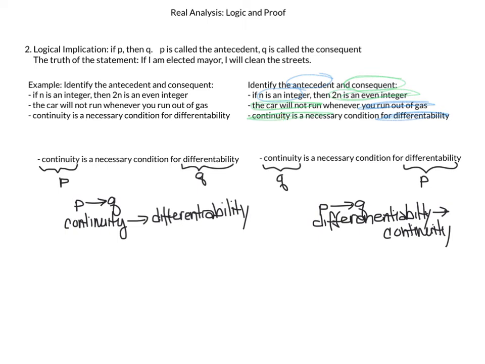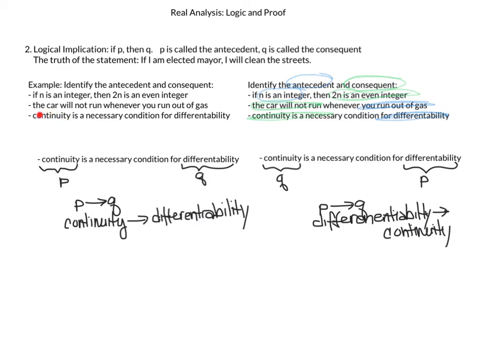And the reason it's not this one is continuity may be a necessary condition, but it may not be sufficient, and that's what this would be implying, that continuity is sufficient to guarantee differentiability, but it may not be.